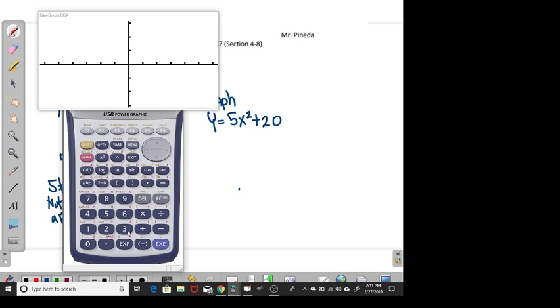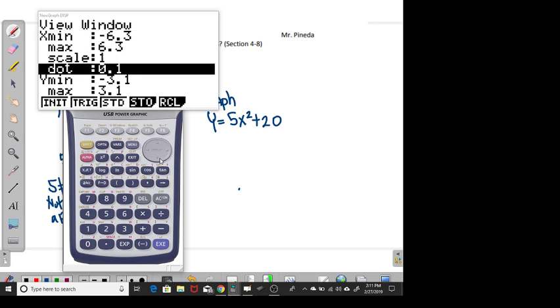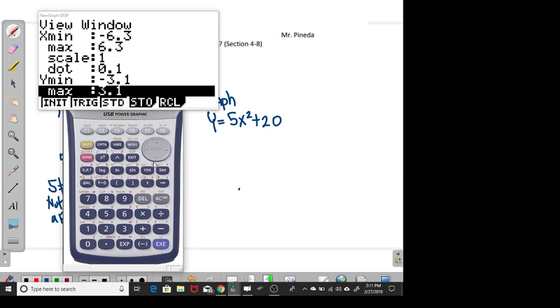I'm going to go to my window settings, and I'm going to change the window. Shift and window, and the X is okay. What I'm going to change is the maximum Y. It's not going to be 3.1. I'm going to put at least 30, because we need the space to go higher. And definitely, we don't need the minimum to be that, but we leave it like that.